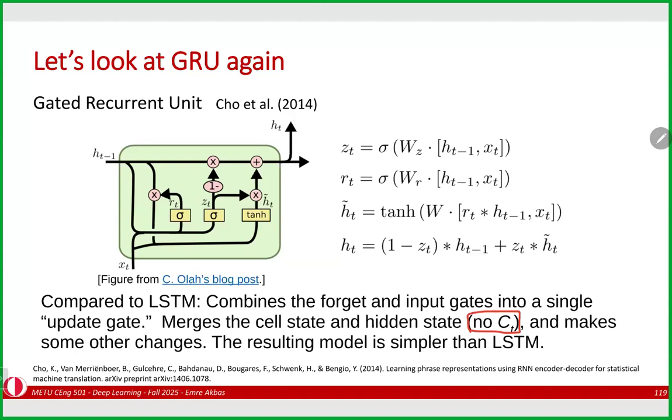It solves the vanishing gradients problem because it can take the previous hidden state and pass it without changing it to the next step. And they say this is why it solves the vanishing gradient problem. It is similar to the ResNet idea.